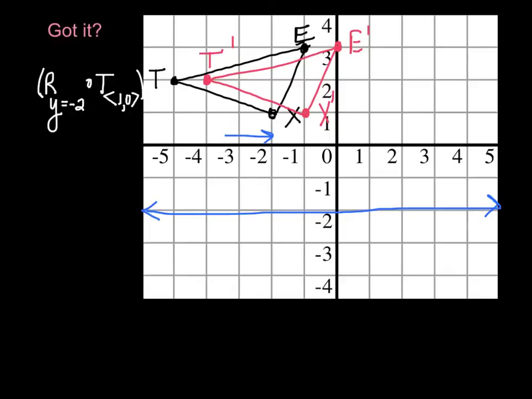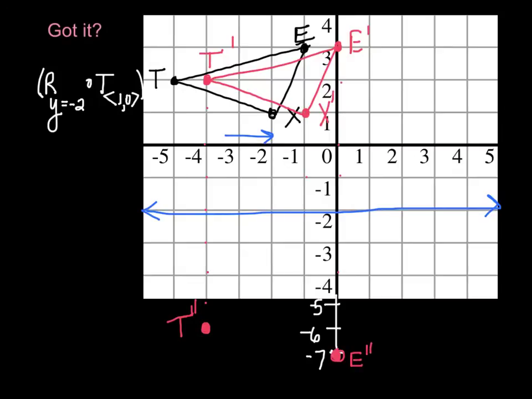Now I'm going to have to extend my graph just a little bit. So now I'm going to reflect everything over, so I'm going to count. T is going to be 1, 2, 3, 4 away, so 1, 2, 3, 4. That's T double prime. E is going to be 1, 2, 3, 4, 5 away, so 1, 2, 3, 4, 5.